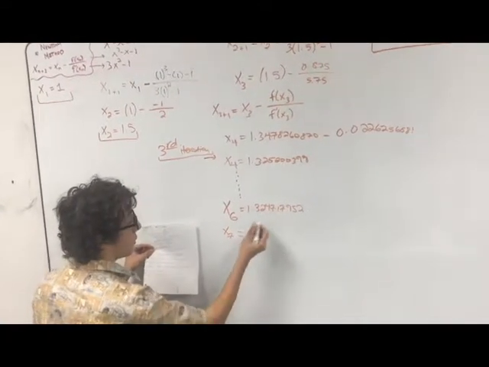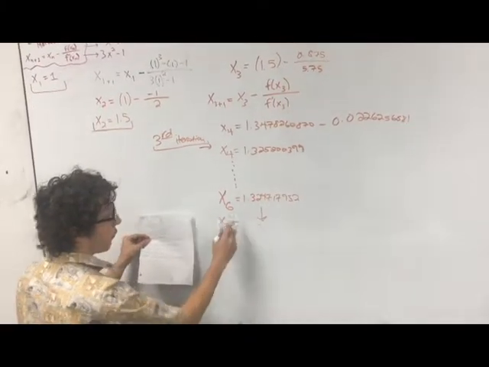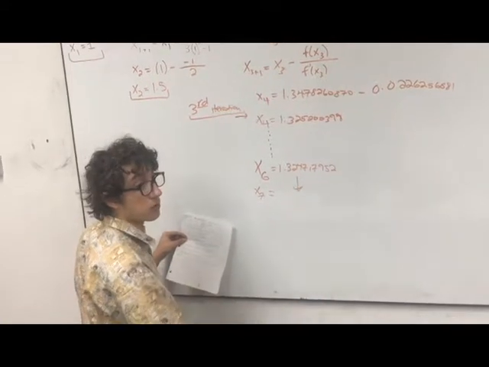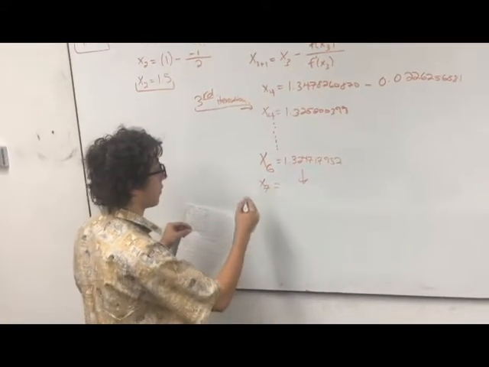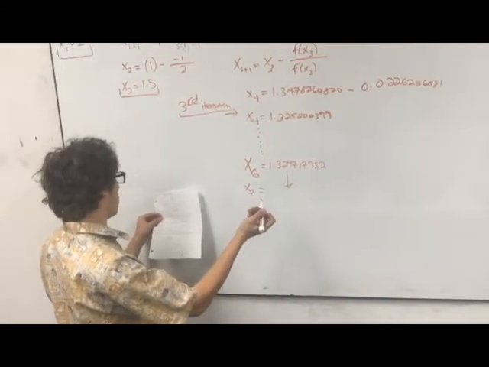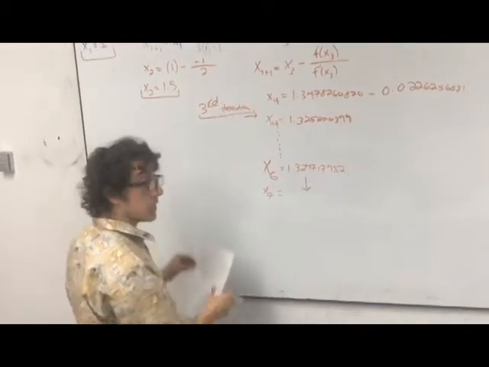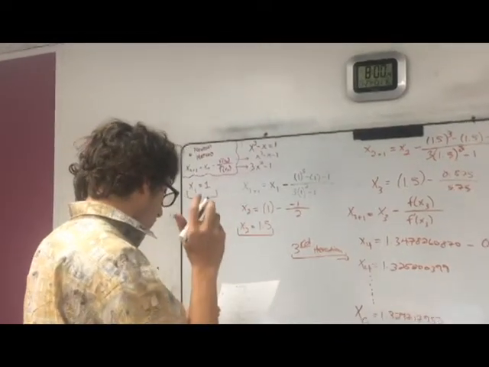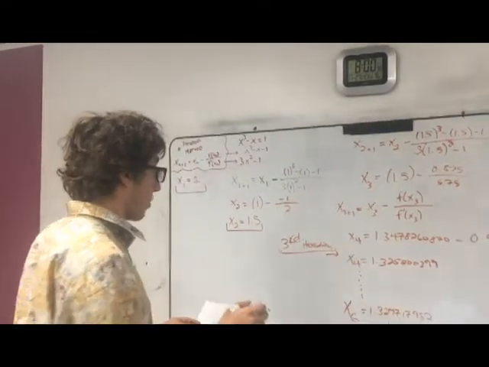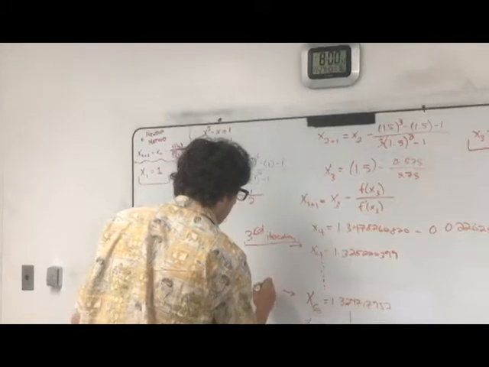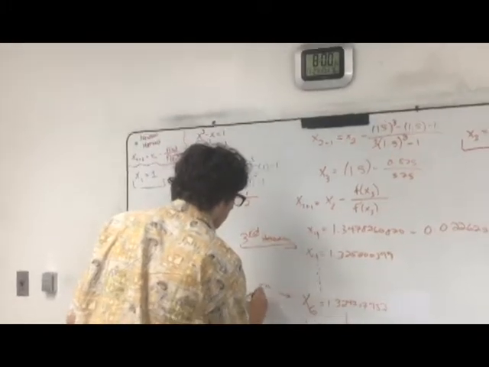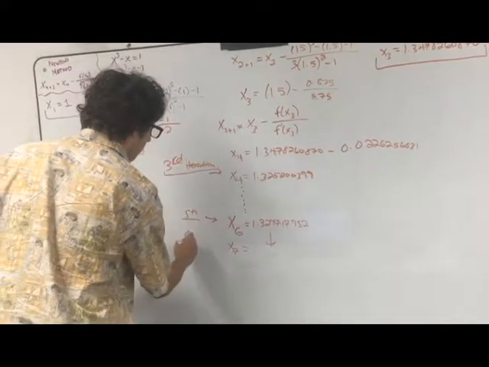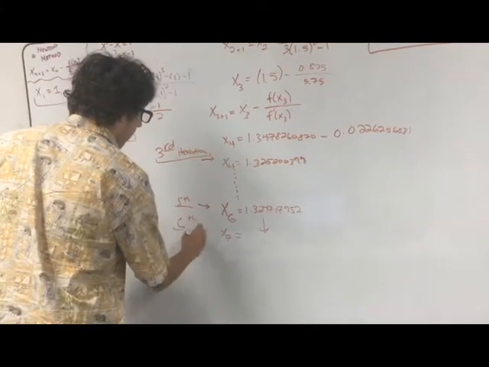And x of 7 was also equal to the same thing. And from there on, it continued to be the same 8 decimals that matched up with each other. So, as I said before, it took 6 iterations to match up, because this is the 5th, and this is the 6th iteration and the first match.